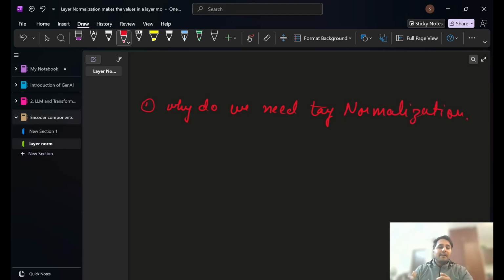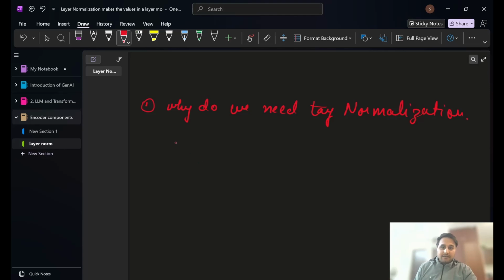So in neural networks, when the output of the neurons becomes very large or very small, the model faces the problem of slow learning and unstable gradients. Some values explode, some values vanish. This is called the exploding and vanishing gradient problem during backpropagation.